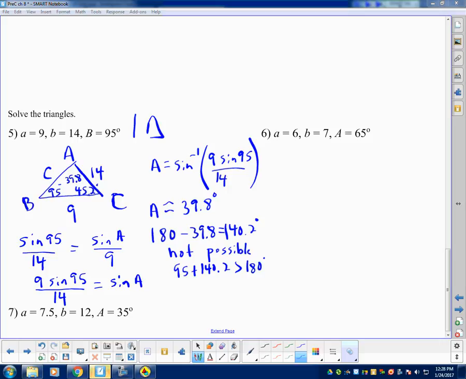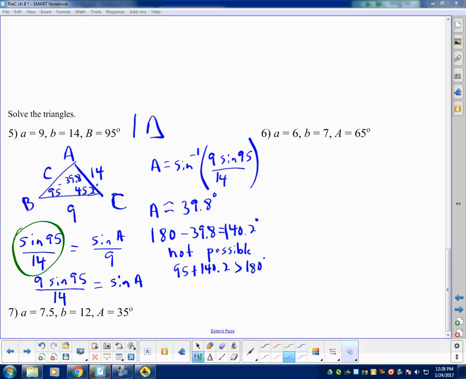So we still need to find C. So how am I going to find C? Now I know this angle, right? Let's set it up again. Maybe go with the one that we started with here. And do it again.